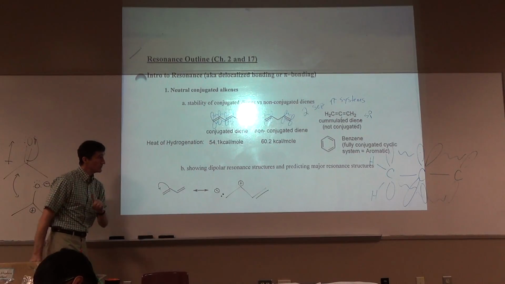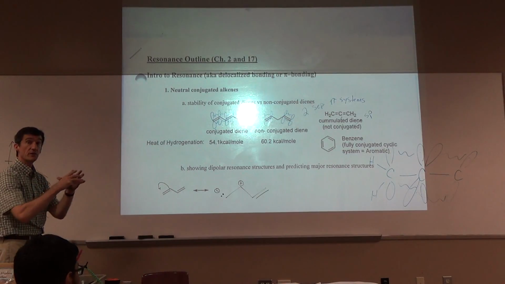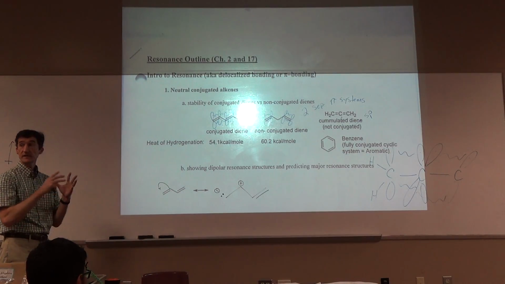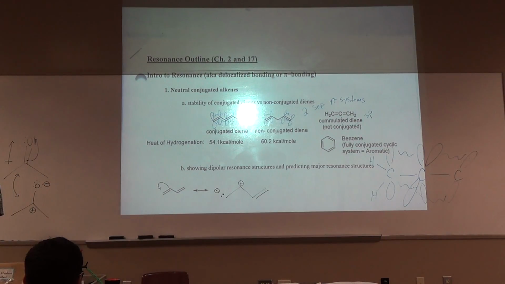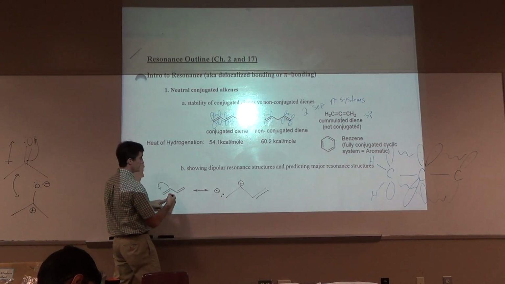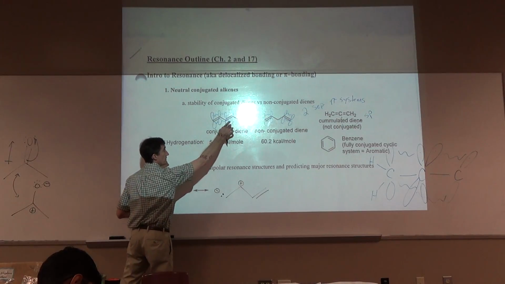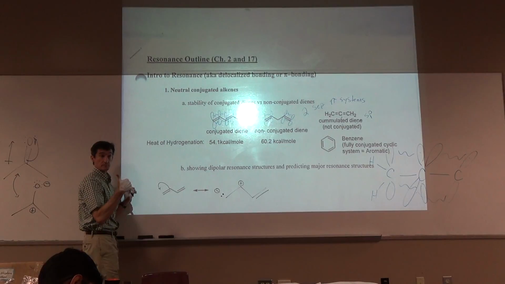Okay, let's go back and start afresh, and let me say 2 things. When you're dealing with resonance, there's sort of 2 approaches. There's a very theoretical approach, understanding the p orbitals and the theory. But then there's also the, okay, let's do this on the board approach. How do you draw a resonance structure? In terms of theory, this is just like this, except it doesn't have the extra group. It's a conjugated diene, right?